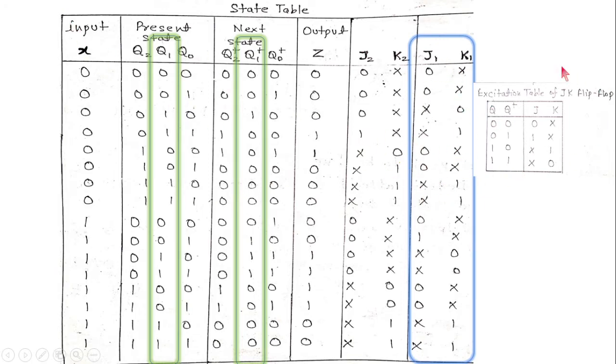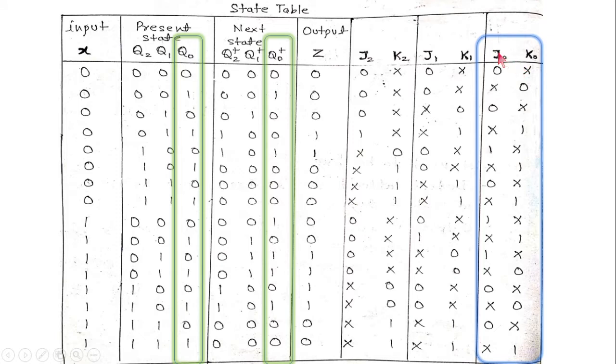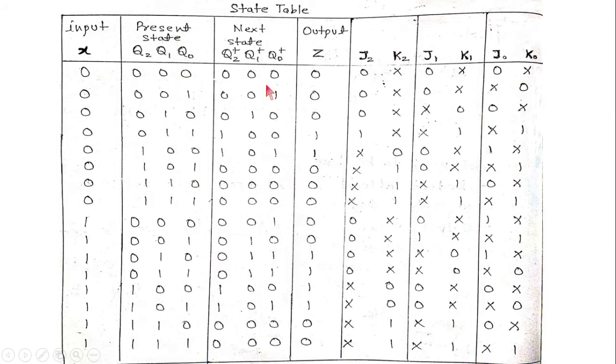We are filling this with the help of this excitation table, and similarly we will fill this J0 and K0 with the help of excitation table. You can do it very easily. So here we have implemented the whole state table and designing of this circuit with the help of JK.